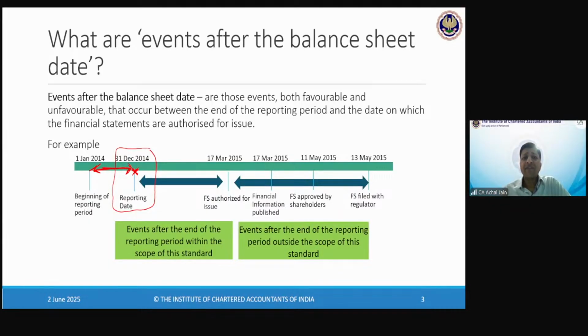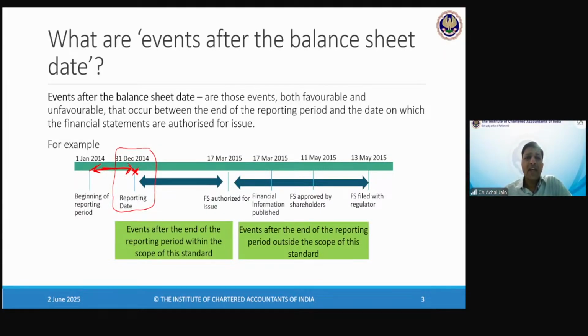The time frame within which the accounting has to be completed, financial statements will be drawn, then the audit will have to be completed, and once those are audited, they will be presented to the appropriate level of management, or you can say the authorized personnel who will be authorizing the financial statement.